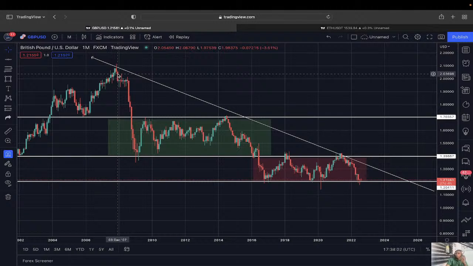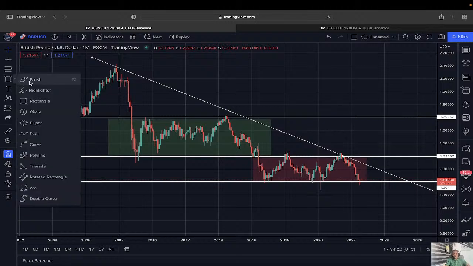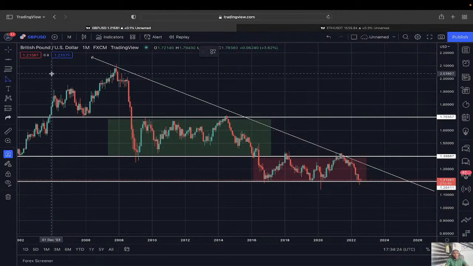Now we can see that the monthly time frame of the pounds USD gives a particular chart pattern. I'm going to give you a clue of what the chart pattern looks like, but I want someone to tell me what the chart pattern is.